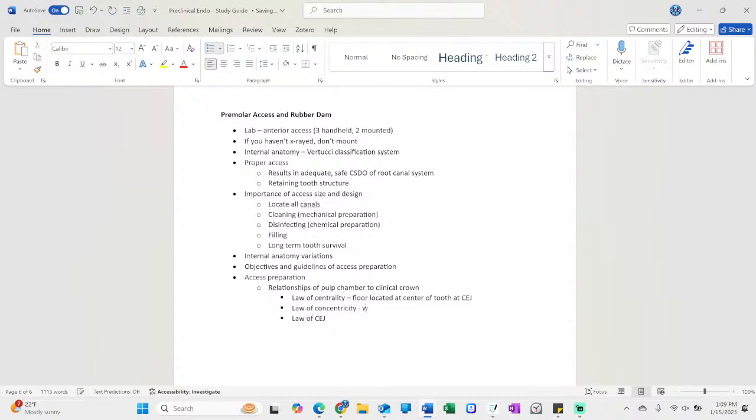I recommend taking your explorer, your probe, around the tooth to feel that anatomy, particularly on the maxillary first premolar, which we'll talk about. Again, we talked about that symmetry. And then the color change: the pulp chamber floor is going to be darker than the walls. Here you can see this map of where we would expect the canals to be, even if they weren't accessed, just because of that color.